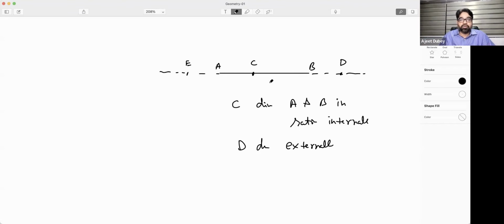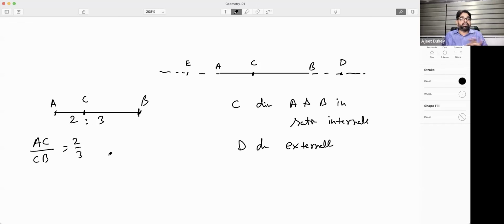You'll understand slowly. Suppose this is the A point, this is the B point, this is some point, maybe C. Let's say AC length divided by CB length equals 2/3. So we'll say C divides A and B in the ratio 2:3. This is the meaning.